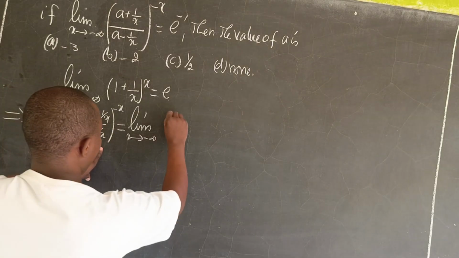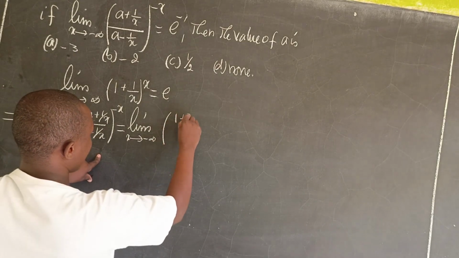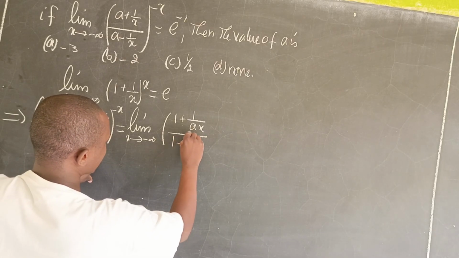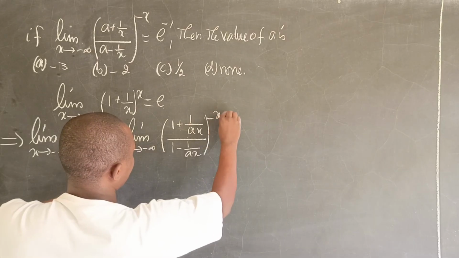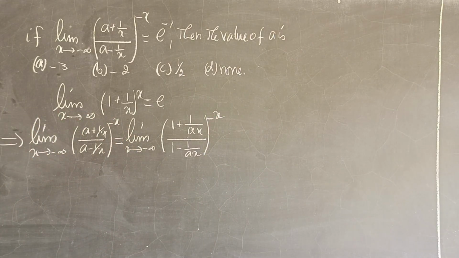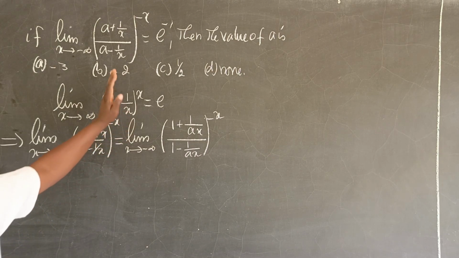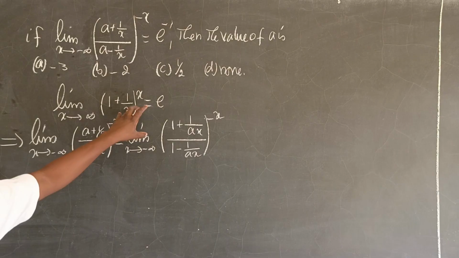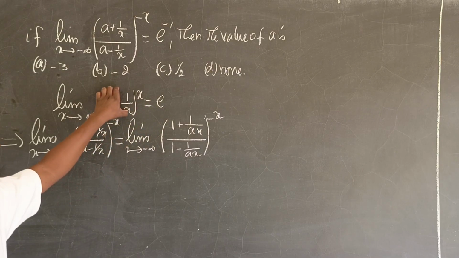We have 1, a over a is 1, plus 1 over ax over 1 minus 1 over ax, power minus x. You see, we have 1 plus something over x. This is what we are going to do here. We are going to transform this in this form.